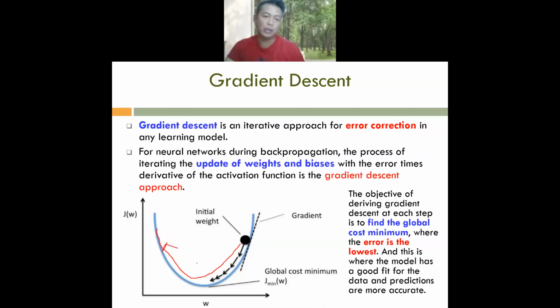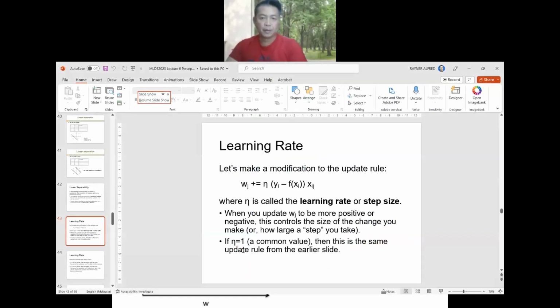So you may be up to here. Or if you make the changes very small, very slow for you to get to the global cost minimum. So this is the problem of gradient descent that we have. So this is the learning rate that we have.